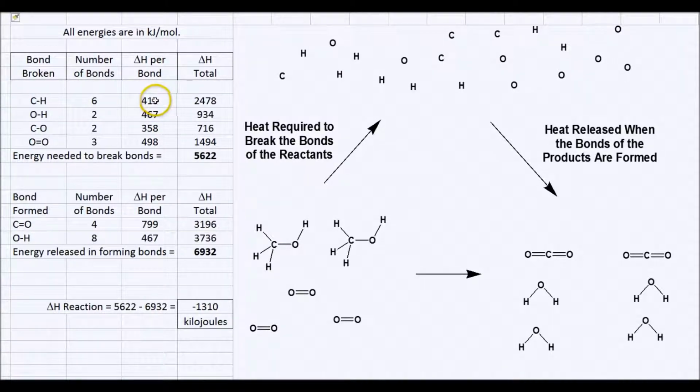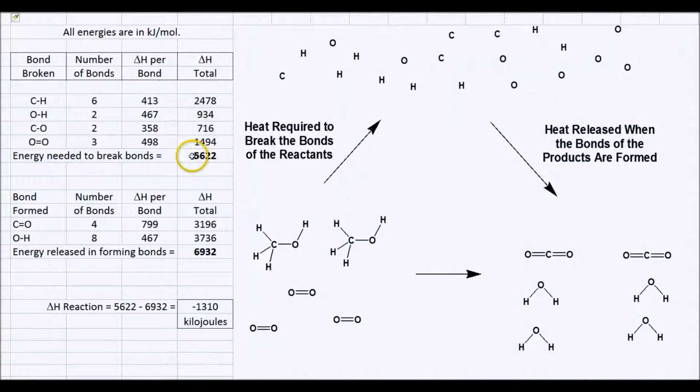If you multiply that by 6, you get 2478. We've got the 2 OH bonds, 467, and the total is 934. The 2 CO bonds are not real strong bonds, 358, and double that, it's 716. And as I said before, the oxygen-oxygen double bond is not that strong for a double bond, and there are 3 of them. That gives you 1494.